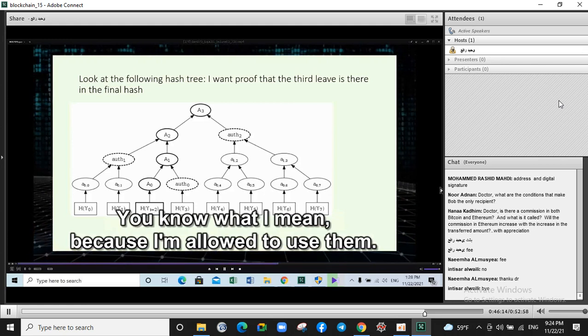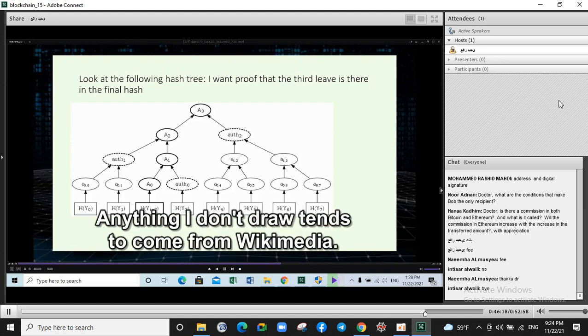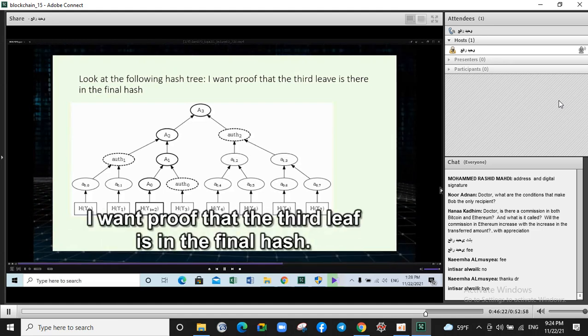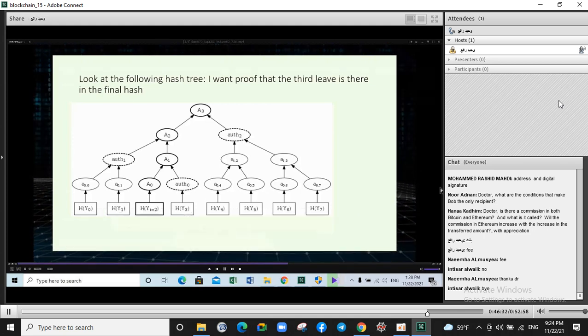So if I look at the following hash tree, I want to prove that the third leaf is in the final hash. So I'm looking at the third leaf, the one here that's called HYI equals 2. Okay, you get that? So what I'm going to do is think about what I have to do to check that it's there.